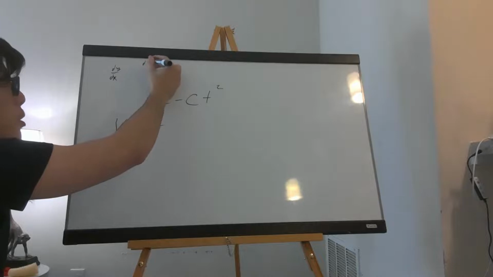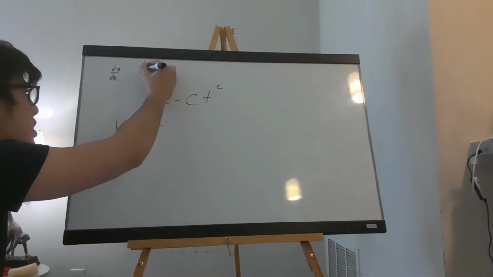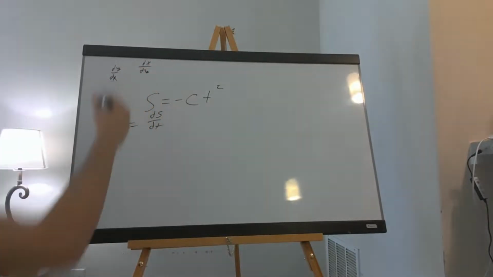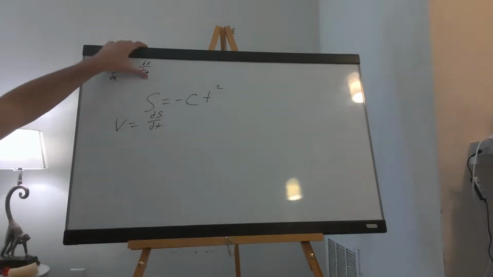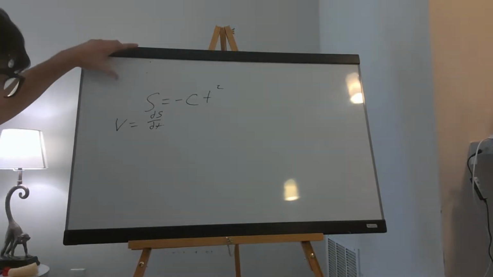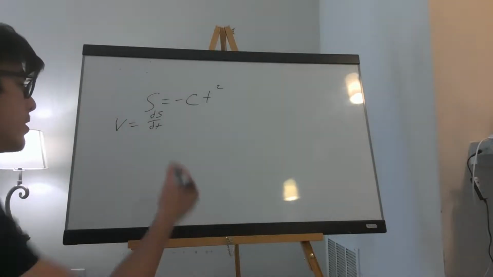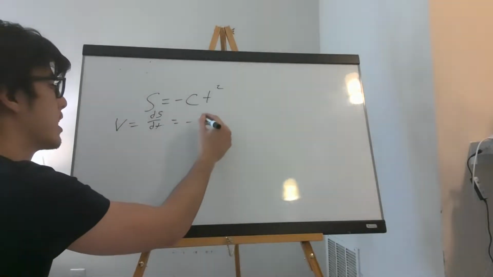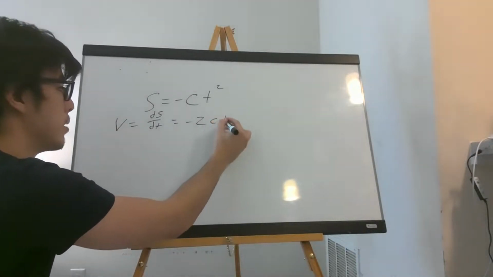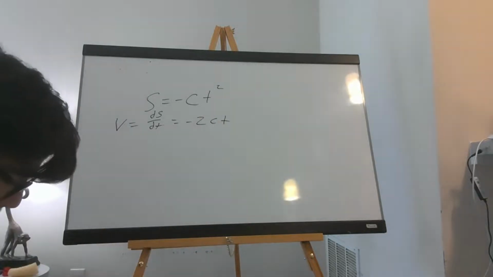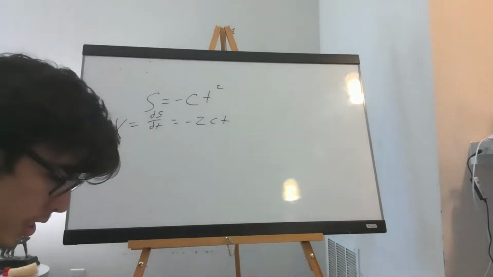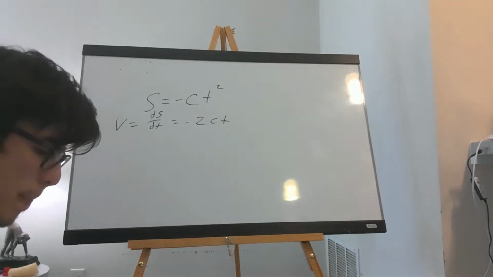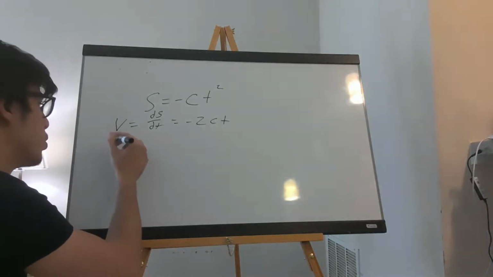But in some of the homework problems, you might have seen something like dx dy, which means take the derivative with regards to y. So we're going to be differentiating s in terms of t. That's going to give us negative 2 times c times t for velocity. And what do you know? It's correct.